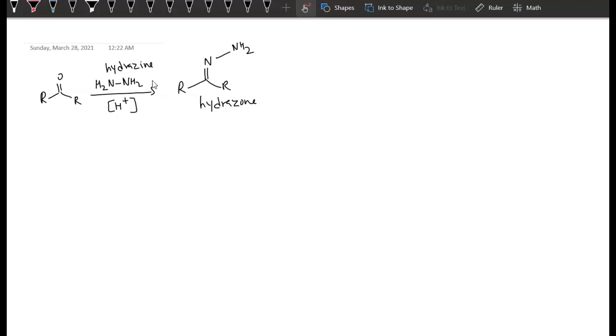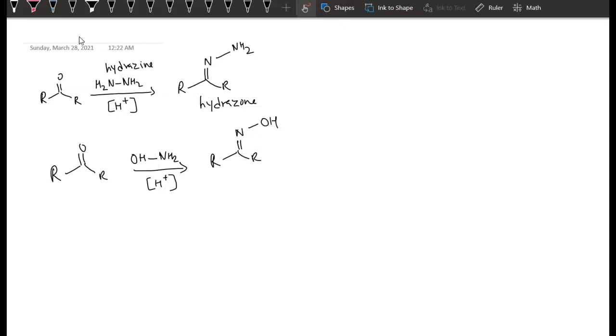Depending upon what kind of ammonia derivative you are using, you can get different types of products. Another example would be if you use this compound, OH-NH2, with acid. What will you get here? R double bond N, and then OH here.